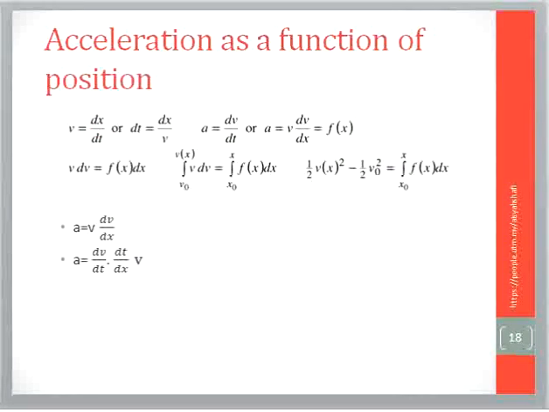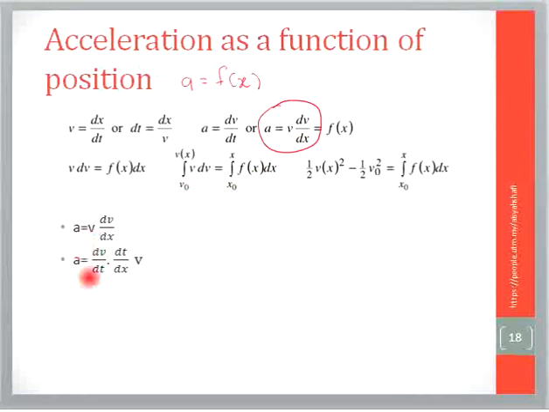And this one is the second method, that is acceleration as function of position. A equal to f(x). Okay, for f(x), the equation is a equal to v dv/dx. So for this one, how do we get this equation?